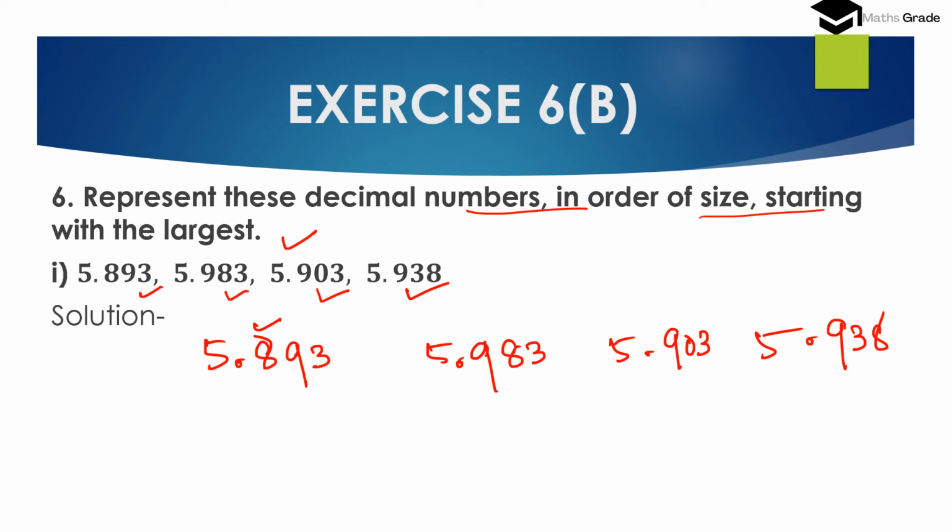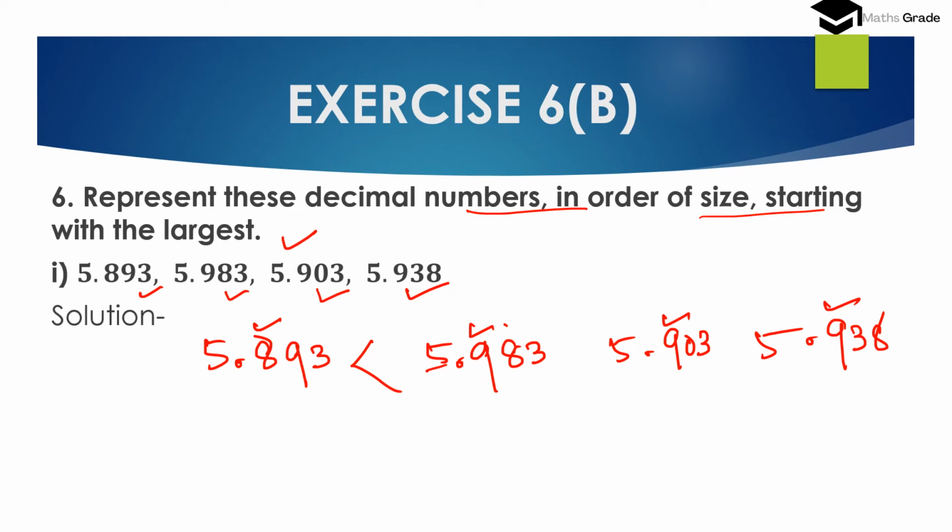So 5.893 is the lowest decimal. Then compare 5.983, 5.903 and 5.938. Here in the 10th place, all have the digit 9, all are equal. So then next move to the 100th place digit.